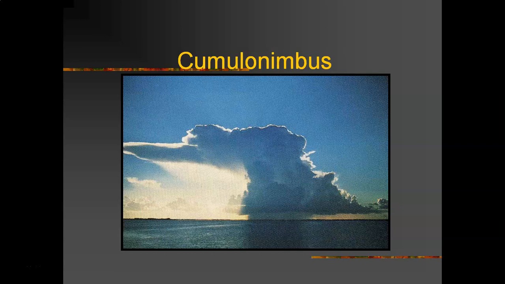And then, as we're going to see, you see them a lot of times associated with cold fronts coming through in wintertime, but that'll be in another lecture. And you can see here's the warm updrafts on this side of the cloud, and then the cold downdrafts, and that's where you get the rain, in the downdraft side of the cloud. End lecture.